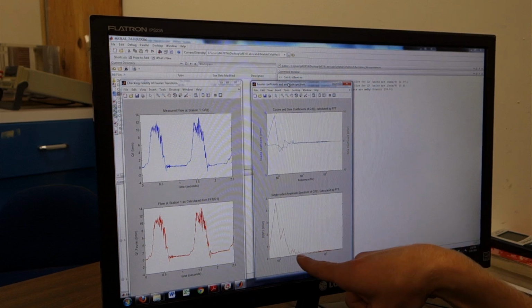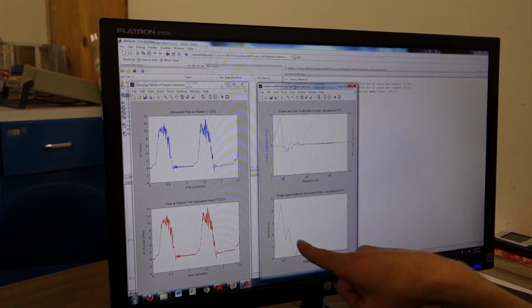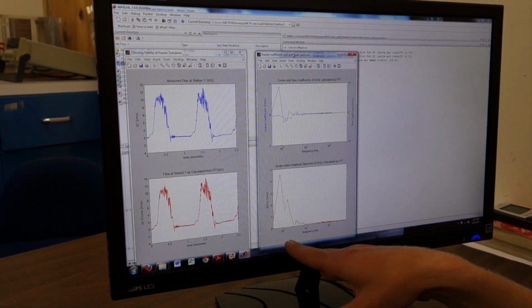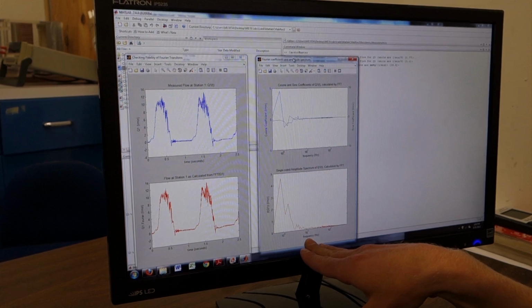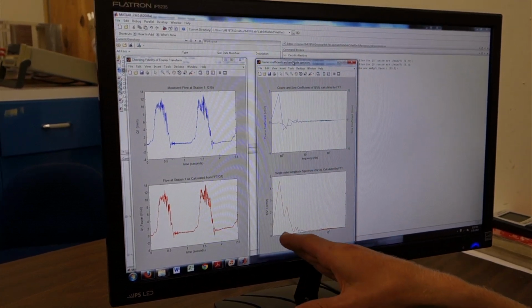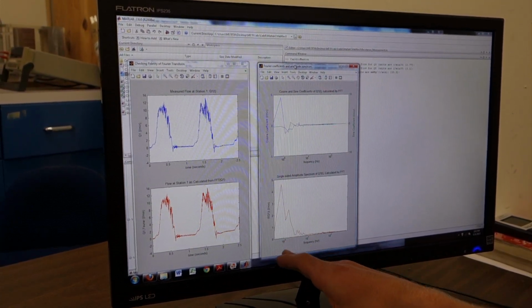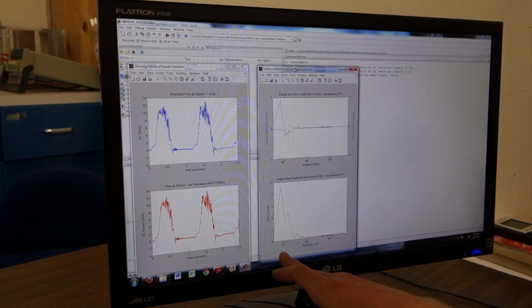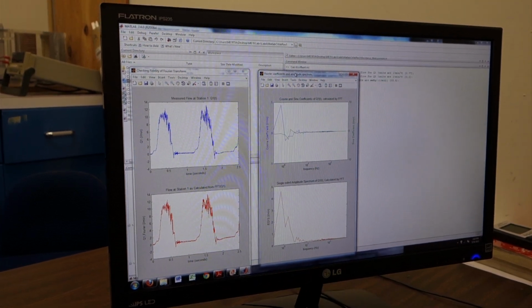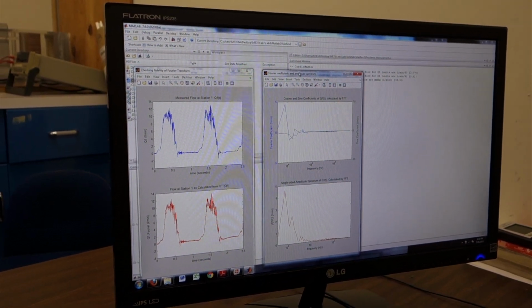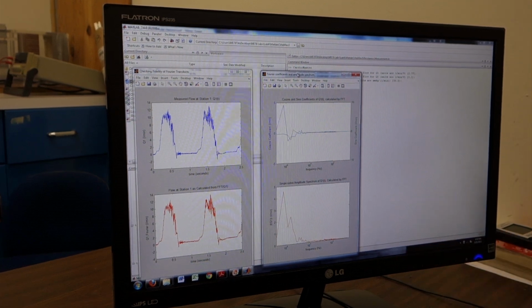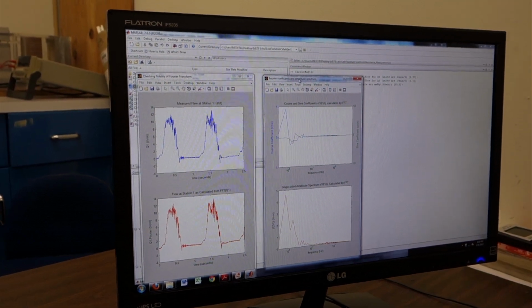In fact, if you look at the frequency spectrum plot, the lower plot here, which is amplitude on the y and frequency on the x, the majority of our signal is happening at a little bit less than 1 hertz. This is to be expected considering we were running the heart at 50 BPM, so we're expecting the biggest amplitude of our signal to be at less than 1 hertz.